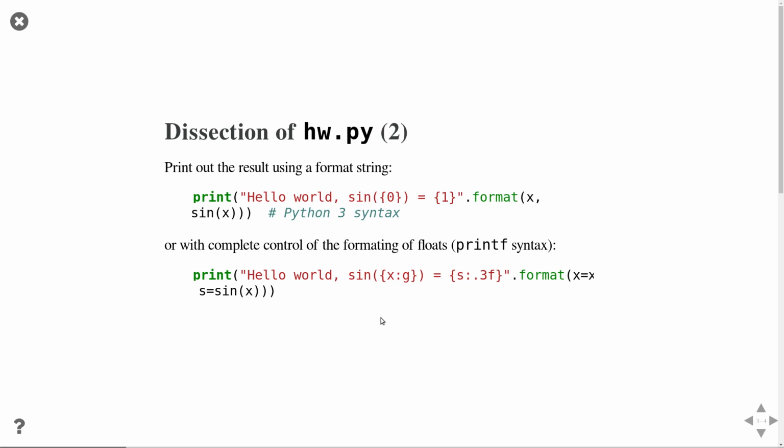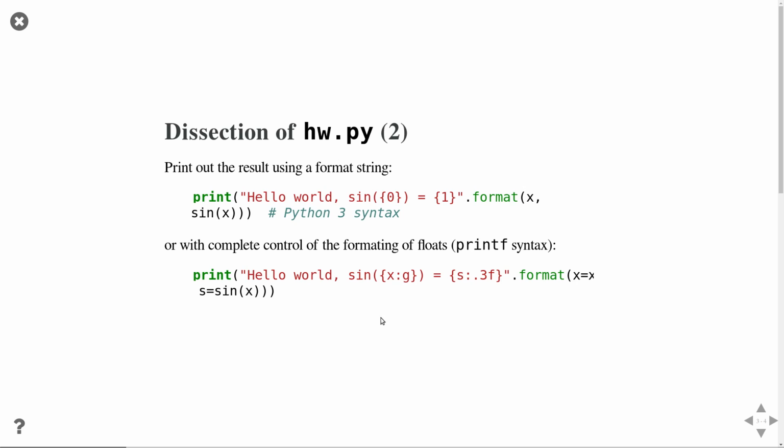Our print statement is very familiar if you're used to C or also bash. Here we just use the print function, and as an argument it takes a string, and we can pass parameters or variables into that string. Here we pass in x as the first parameter, and then sin of x as the second parameter.